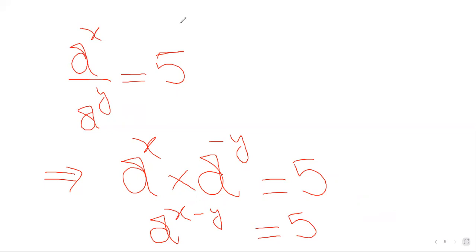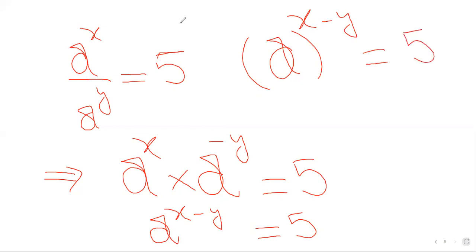So the next rule is that this has the power x minus y and this is 5. So we can say that x minus y is equal to 5.